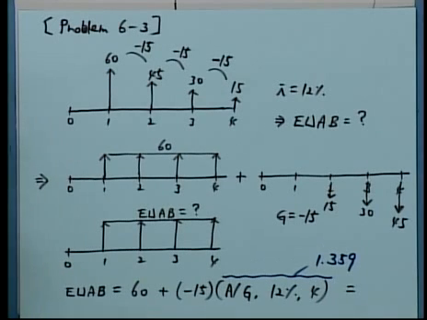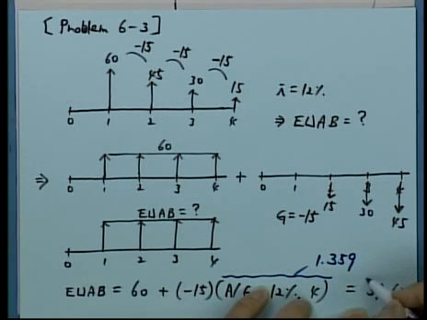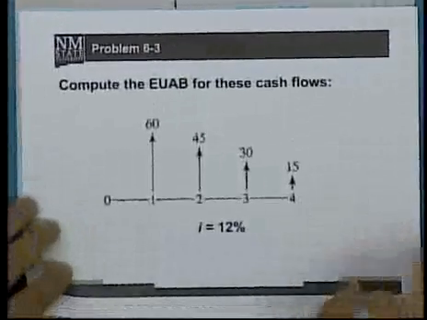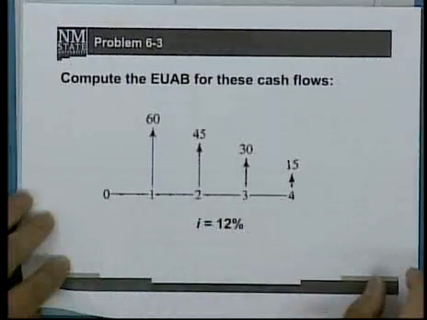Okay, so this is going to be $39.62. That is the equivalent uniform annual benefit of this cash flow.